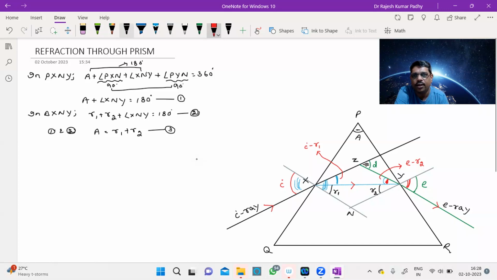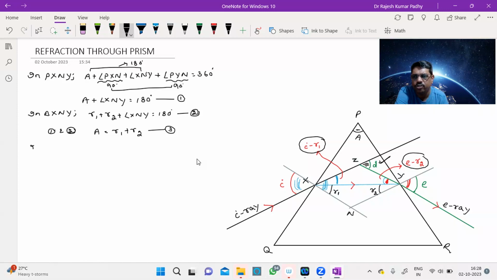Hence, I can write angle ZXY is I minus R1. Angle ZYX is E minus R2. But this is the angle of deviation. Therefore, I can write I minus R1 plus E minus R2 is equal to D.